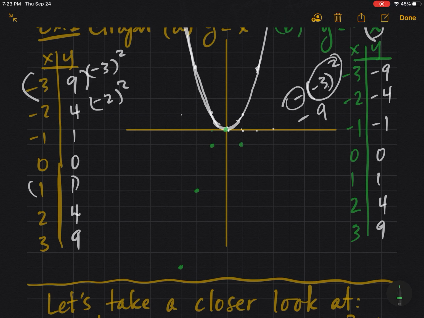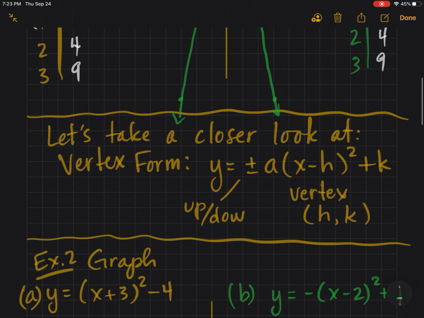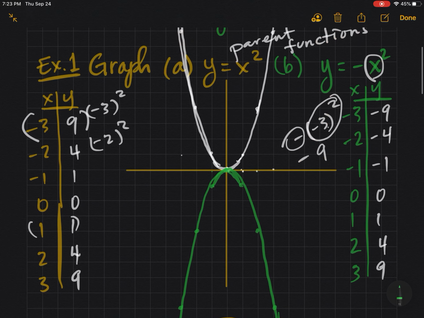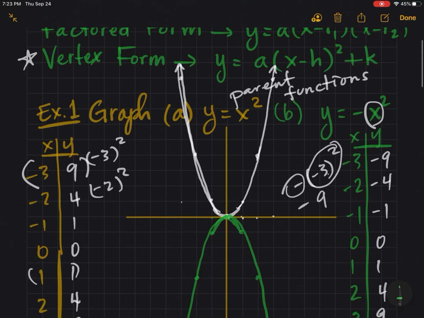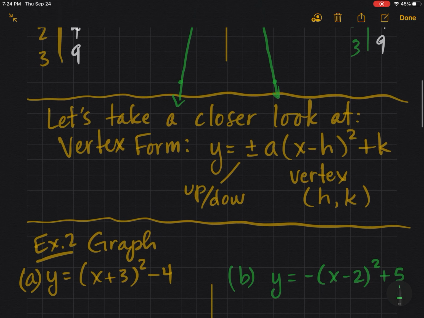And we'll see the same shape, and notice that the vertex is at the origin 0, 0. And again, we want to make sure it's nice and round and never pointy. And the more you draw them, the more practice you'll get. Okay, so we can see the difference between the positive parabola and the negative parabola.